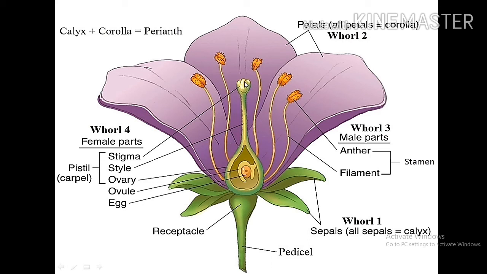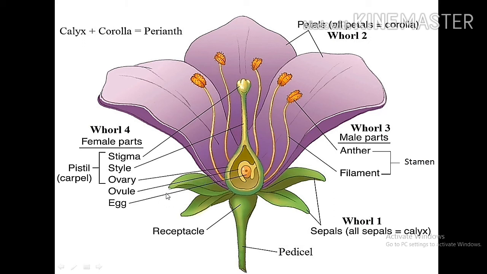Here you can see in this picture, this part is known as stigma, and the stigma is sticky in nature so that it can hold the pollen grain towards itself, and this length is known as style, which is a passage for the pollen grains to go to the ovary, and this bulging portion is known as ovary.